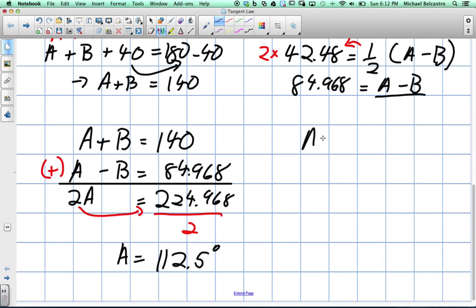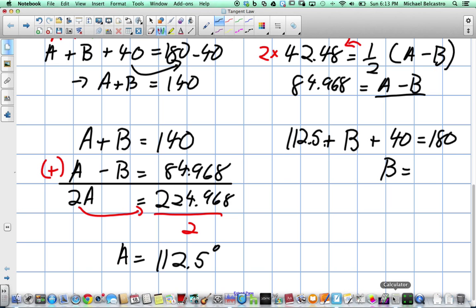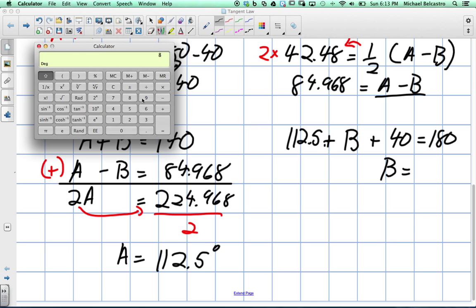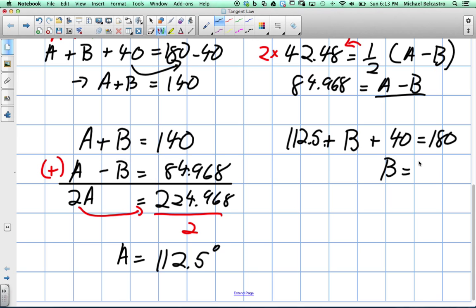So A, we have the value of A, 112.5, plus angle B plus our 40 degrees for C is equal to 180. We take 180 and subtract all of those. We'll get B is equal to, in our calculator here, 180 subtract 40, we already know that, subtract 112.5 equals 27.5. So our angle B is 27.5 degrees.